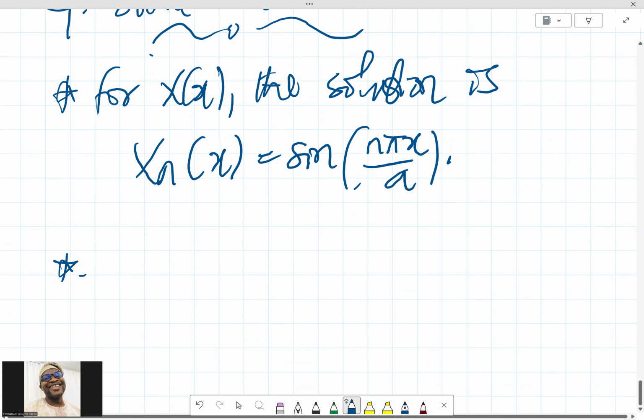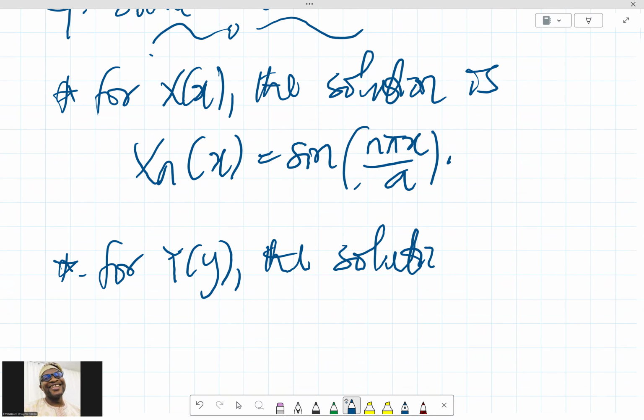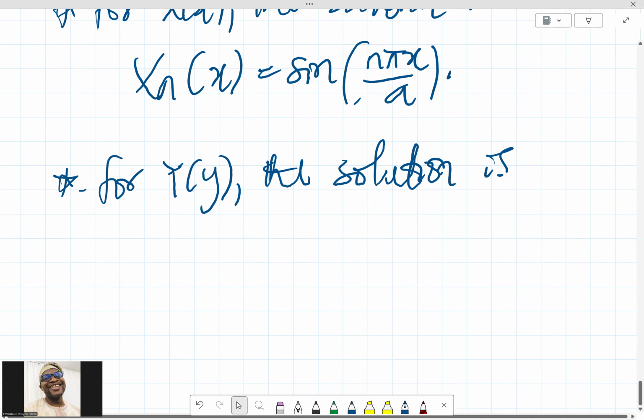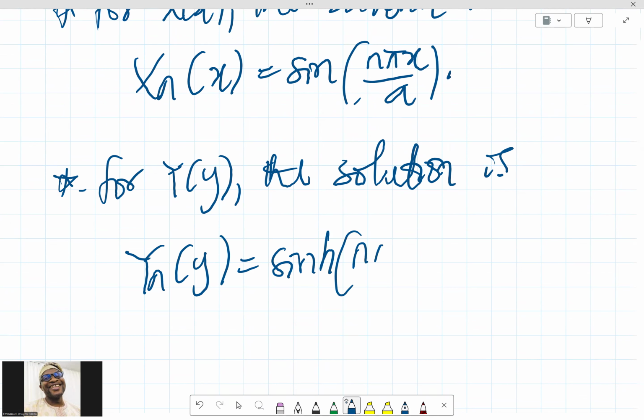Then for Y of y, the solution is Y_n of y equals sine n pi y all over a.